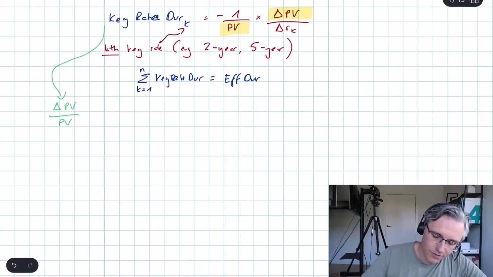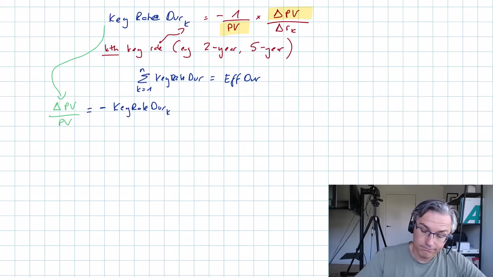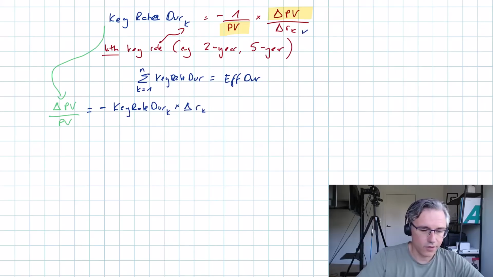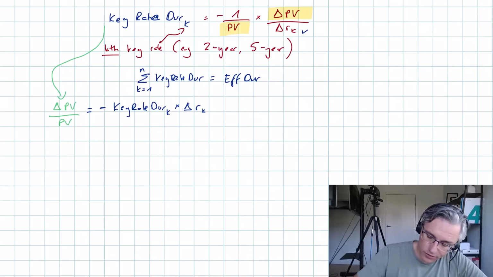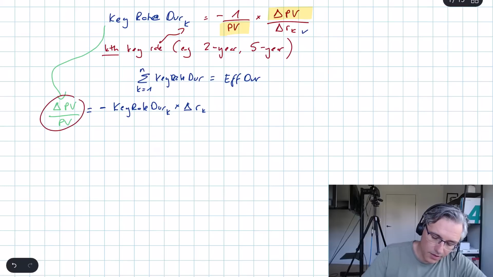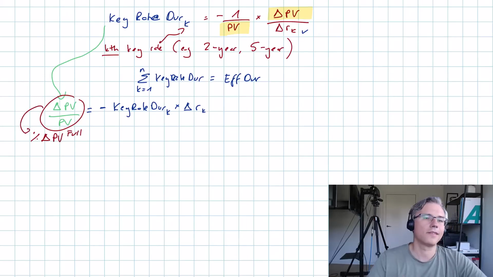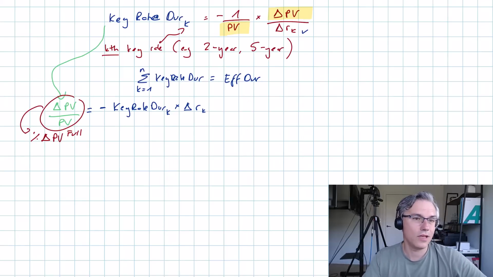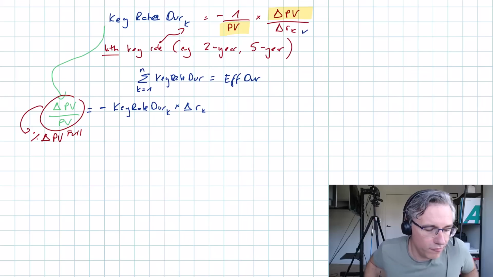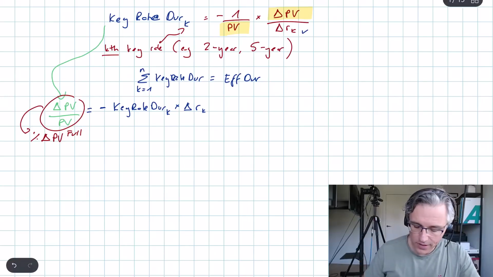And if you do just a little bit of transformation, this equals minus key rate duration K, effectively multiplied by the delta R_K from the bottom of this fraction here. And this is how you can use key rate duration to approximate the percentage change in the full price of a bond, because effectively the term over here, the change in price related to the current price, is the percentage change in price, and we're always talking about full prices in these contexts.